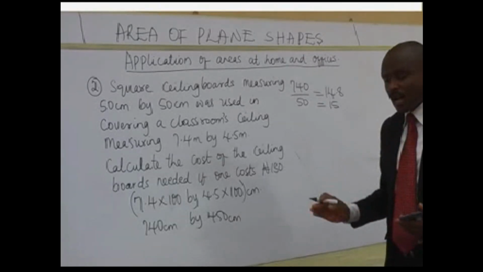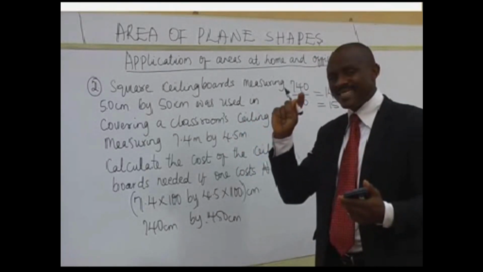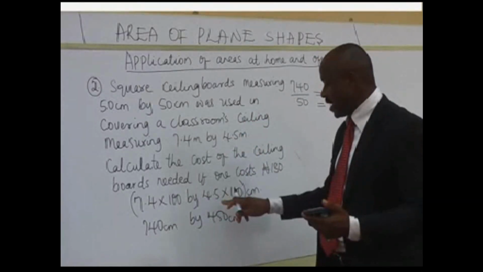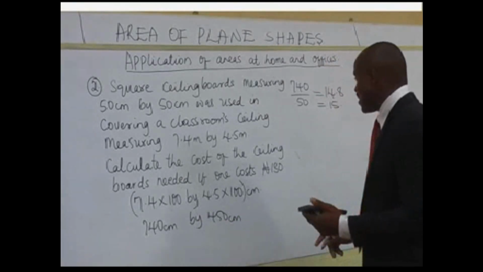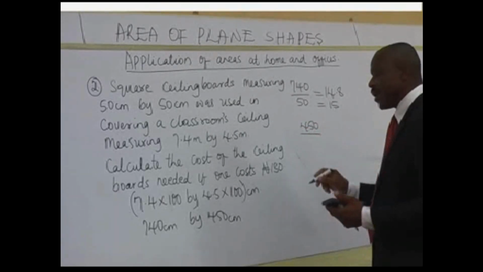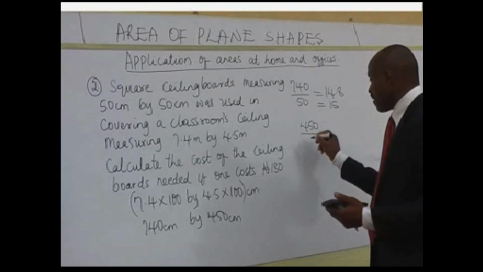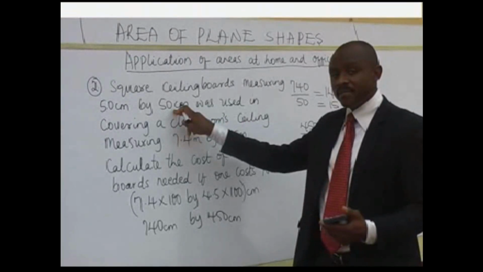Now the width of this classroom is measuring 450 centimeters. That means the width will require 450 divided by 50. Remember, the ceiling boards are measuring 50 by 50.